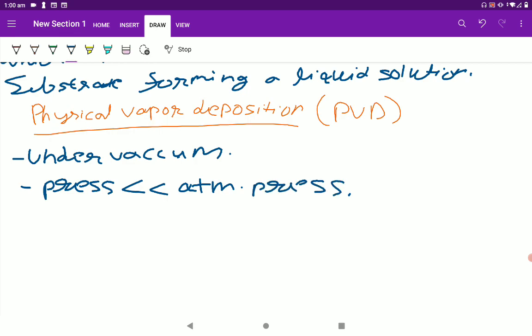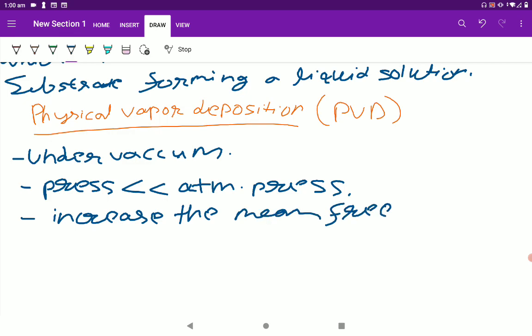So the main reason for doing this is to increase the mean free path, represented by lambda, which is the distance traveled by any molecule between two subsequent collisions.